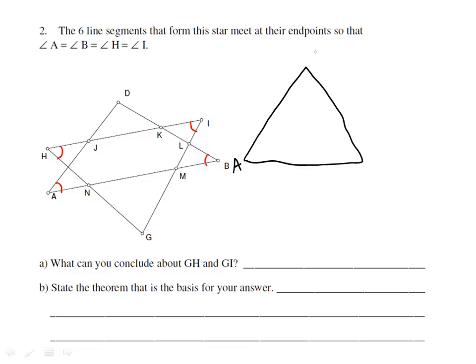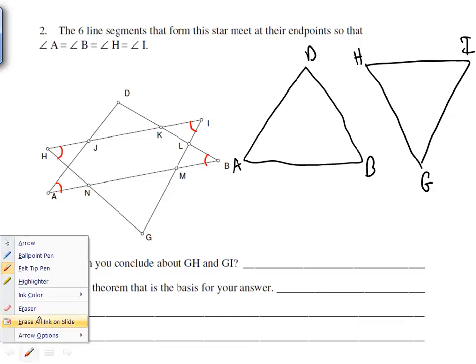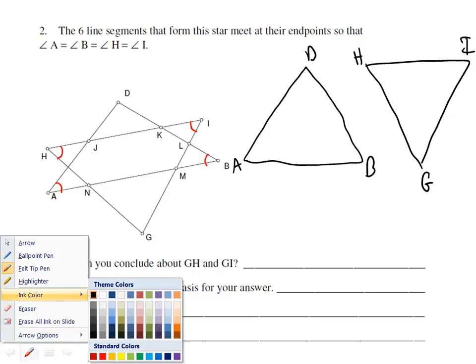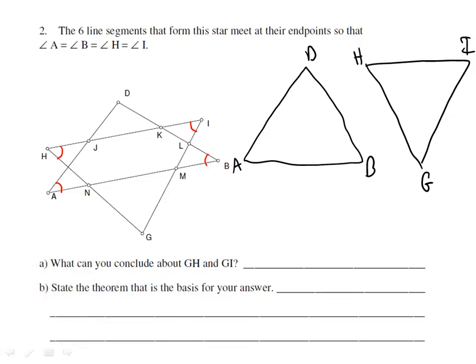Here's A, D, B. Alright, and then here's the upside down triangle, H, I, G. Now that I have taken that overlapping figure and separated it out, I'm going to remark my angles A and B, and then H and I.